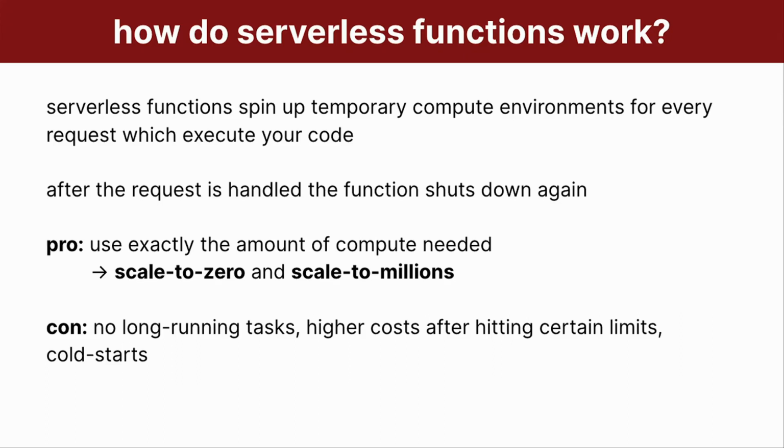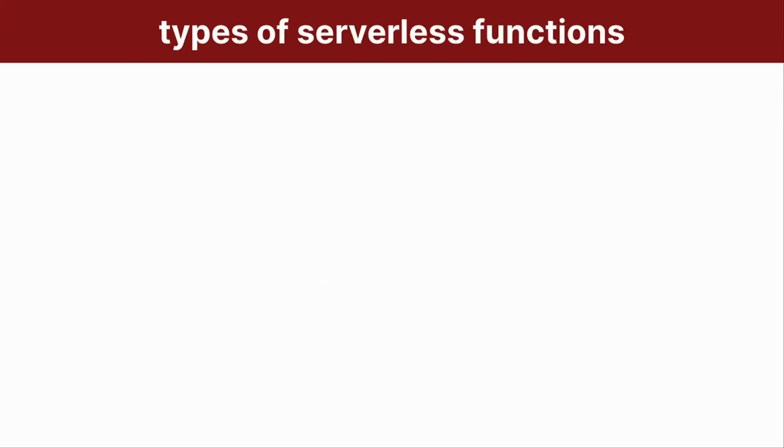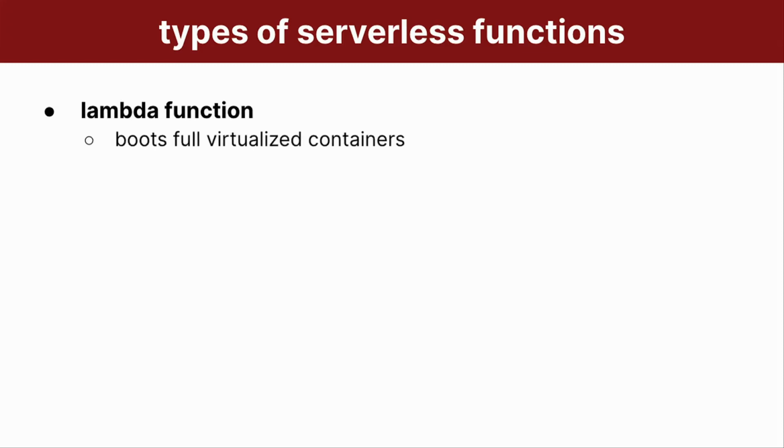And the last issue, which is one of the biggest for actually delivering a good user experience, is cold starts. To explain cold starts, I need to explain the 2 types of serverless functions which are currently offered. The first is a lambda function, and this is basically an invention of AWS, Amazon. A lambda function boots a fully virtualized container, which will run your code.